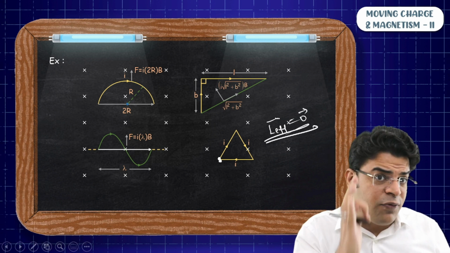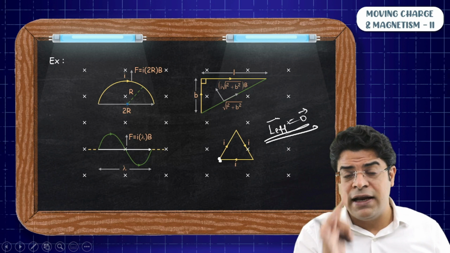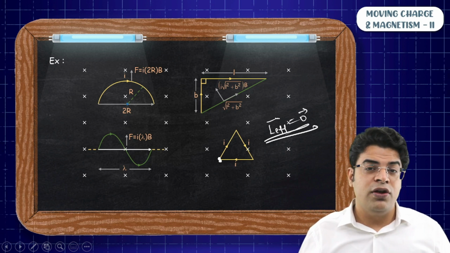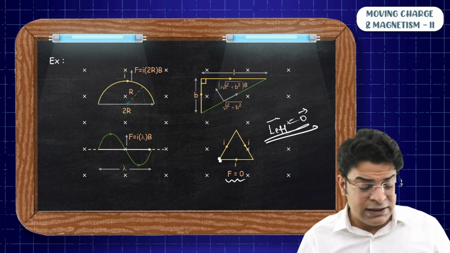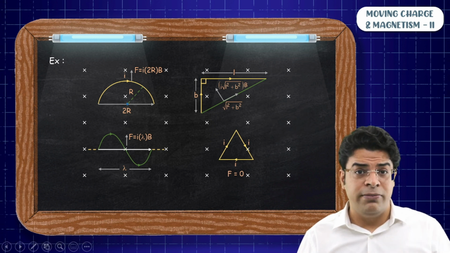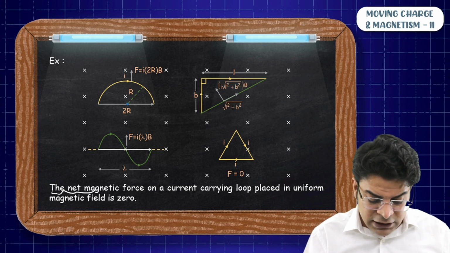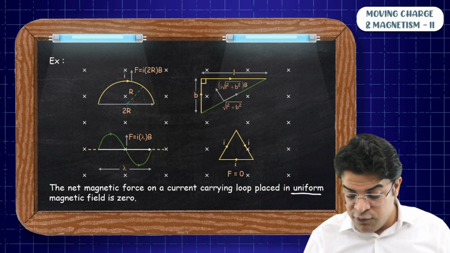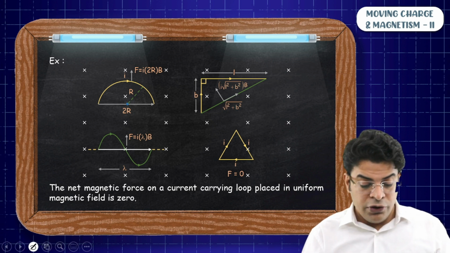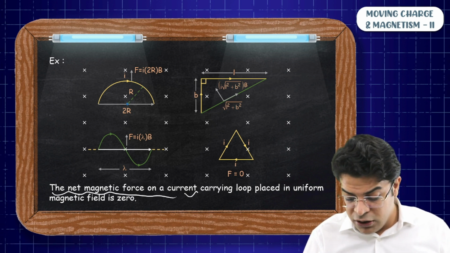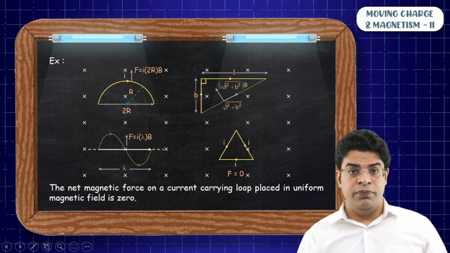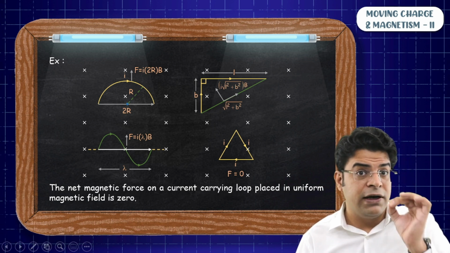As the effective length for a closed current carrying loop placed in a uniform magnetic field is 0, the force comes out to be 0. And this is a really special case. You must remember it. The net magnetic force on a current carrying loop placed in a uniform magnetic field is 0. So this is a really important case.